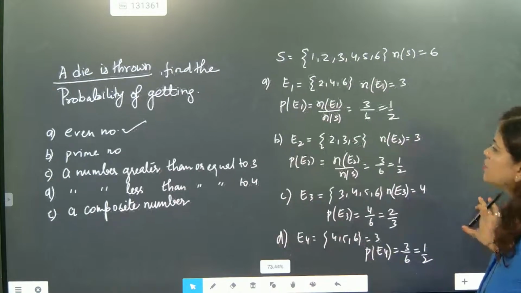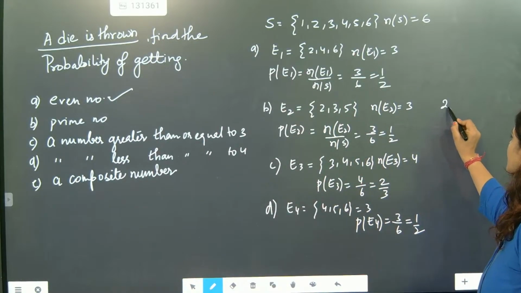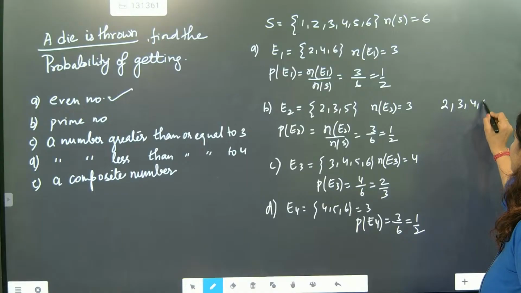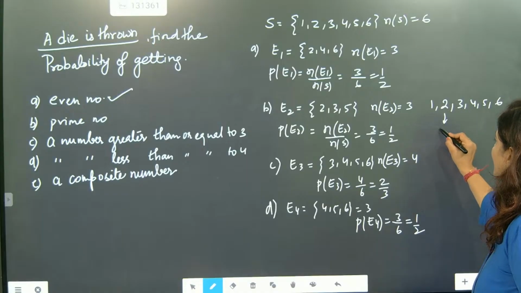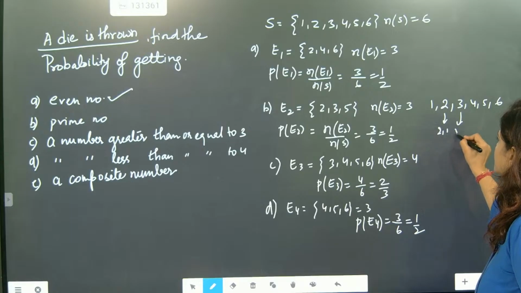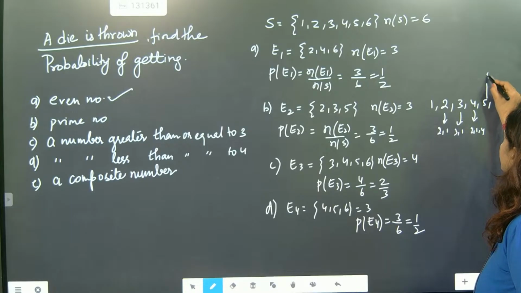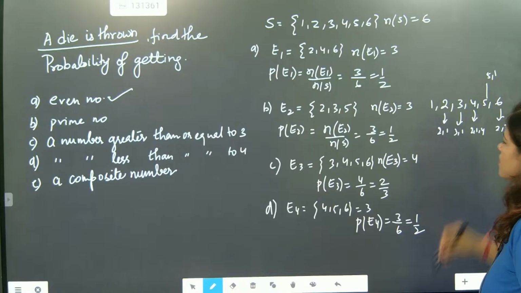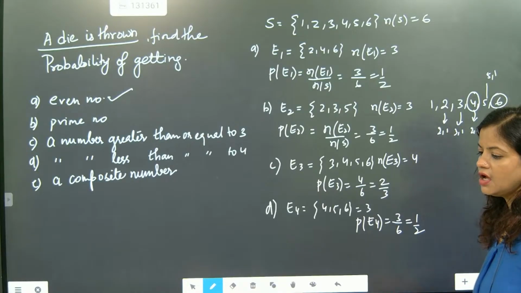Absolutely correct. So two composite numbers are here. One time I'll explain: 2, 3, 4, 5, 6. Which numbers are composite? The factors of 2 are only 1 and 2, of 3 only 1 and 3, of 4 are 1, 2, 4, of 5 only 1 and 5, of 6 are 1, 2, 3, 6. So these two numbers have more than two factors.